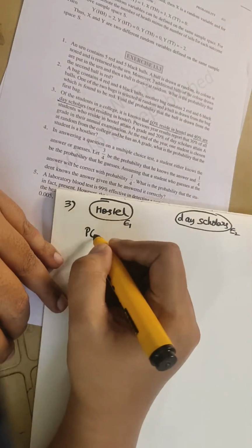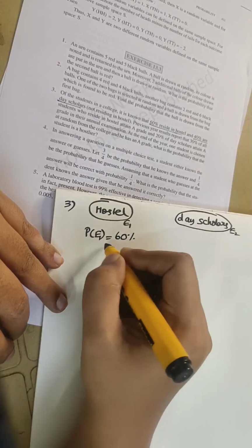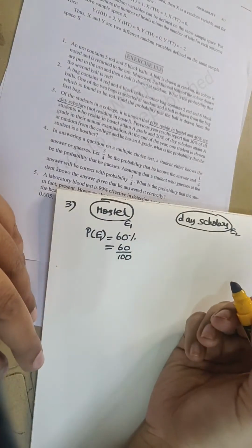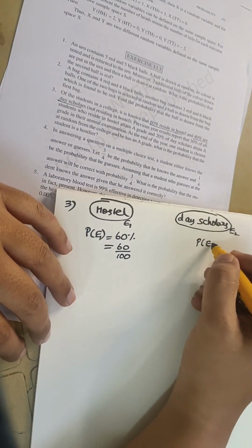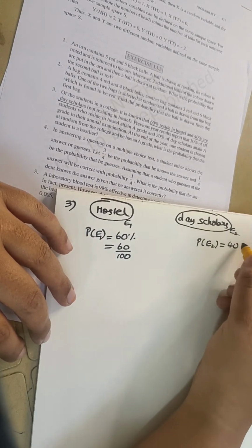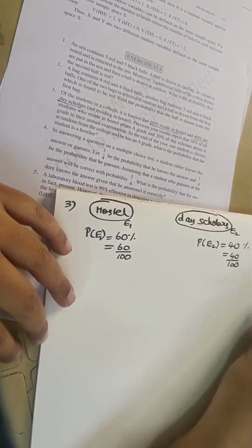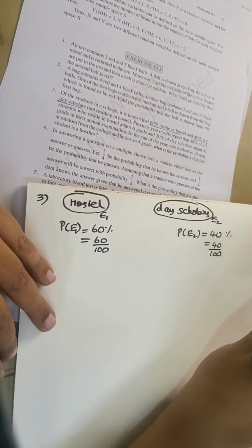So P of E1 will be 60 percentage, that is 60 by 100. Either you have 60 by 100 or 0.6 or whatever it is. And P of E2, 40 percentage are day scholars, so P of E2 is 40 by 100. For the time being, let us have it as the fraction without simplifying.